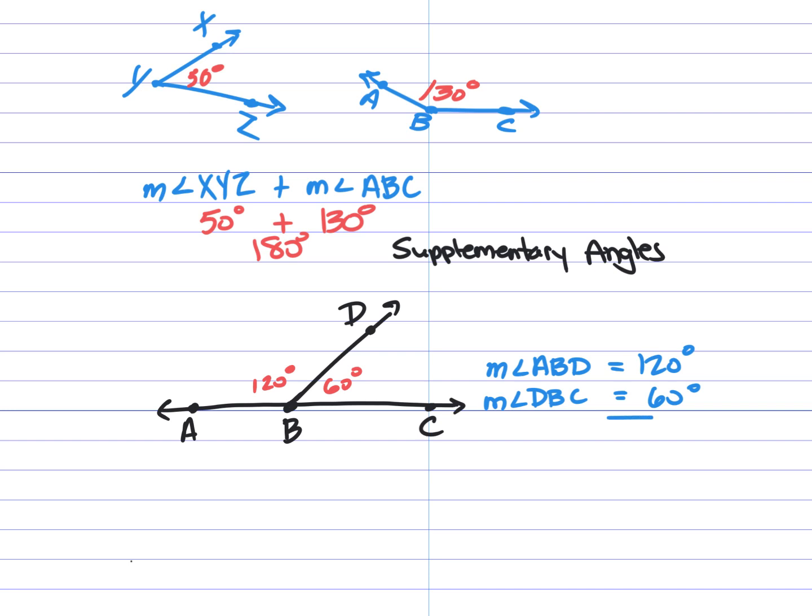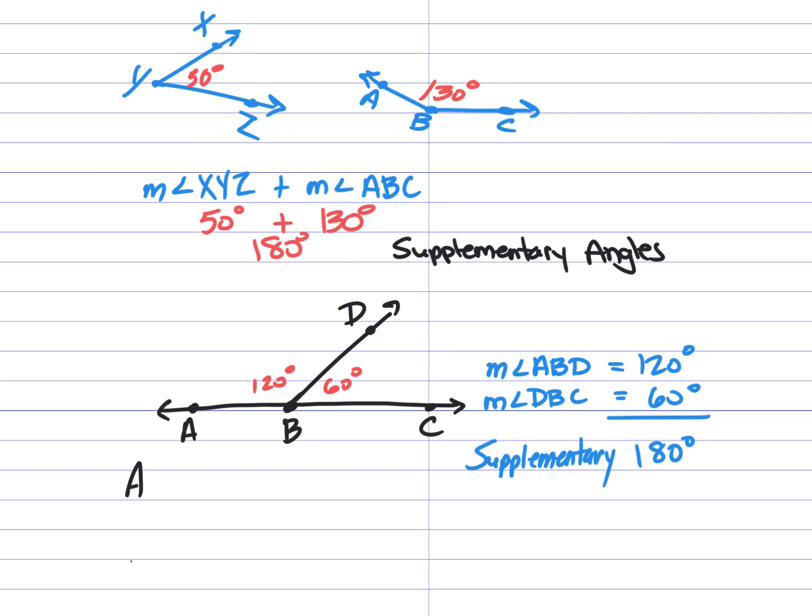And if I were to sum those up, I would get 180 degrees. Therefore, by definition, angles ABD and DBC are supplementary angles.